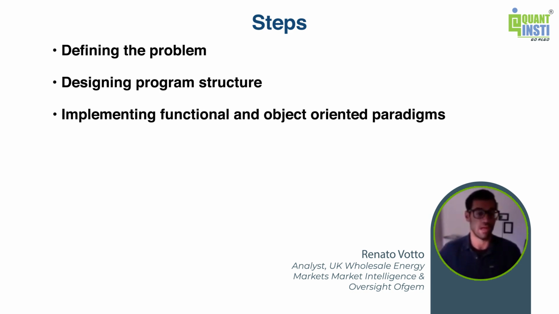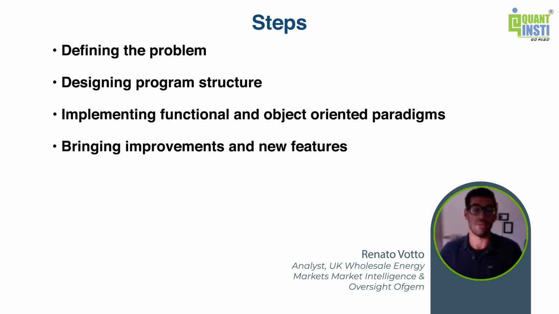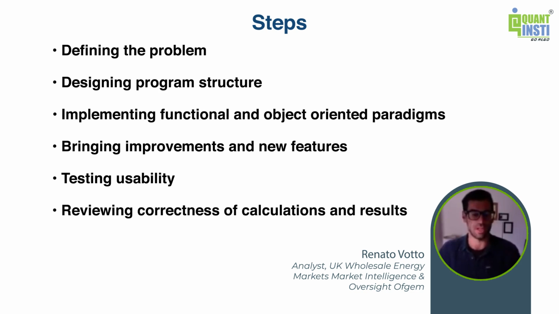And then, after having the first version of the program and the project, I've tried to bring improvements and new features. Before finishing, I had to test usability, because the program is very interactive. And then, of course, you want also to be sure that the figures you come with at the end are reliable. And so all the calculations, results, and all the figures that you have make sense. So these were the main steps.